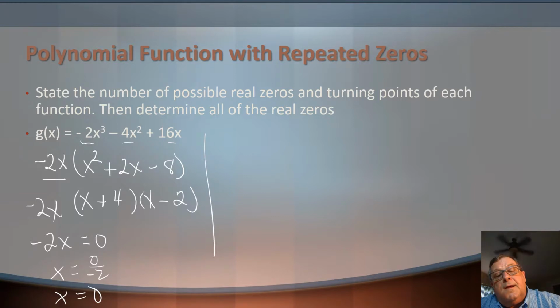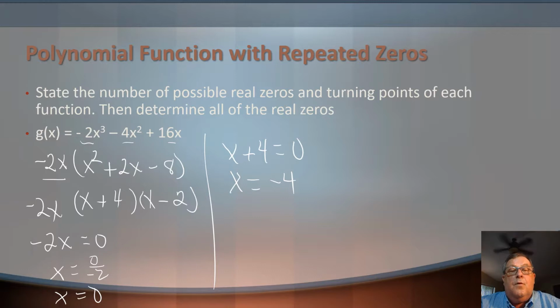And then we're going to take x plus 4, set it equal to 0. We're going to subtract 4 from both sides to isolate the x. And x is equal to negative 4. There's the second of our 3 possible real zeros. And then lastly, we got x minus 2 equals 0. We're going to add 2 to both sides.